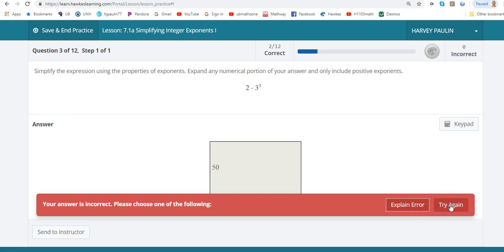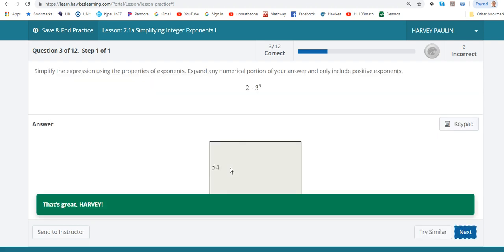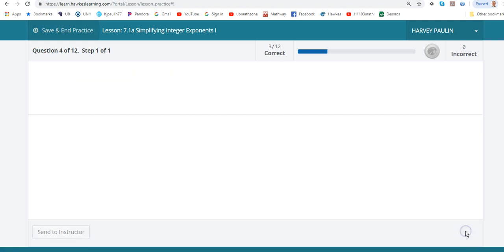And I have written down here, I had a 54, so I'm just going to try again. And I delete that, and then I put in a 54, and I got it. So notice the bar is going across. I didn't have to take any errors.